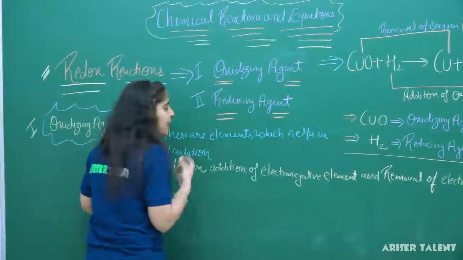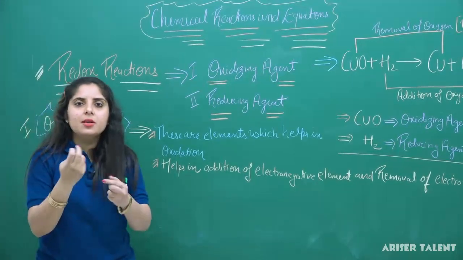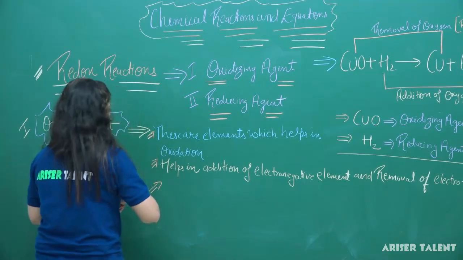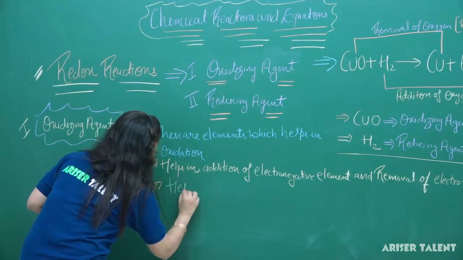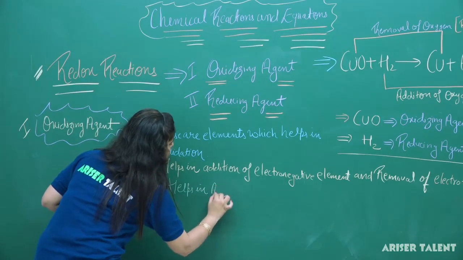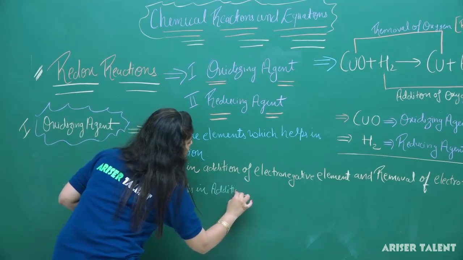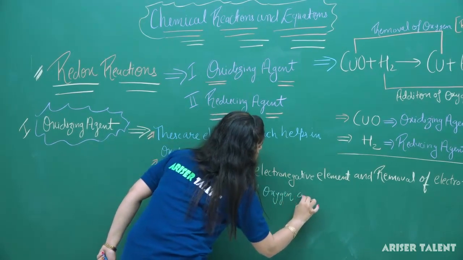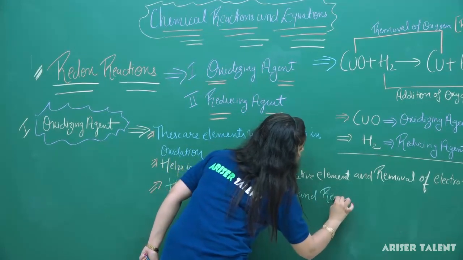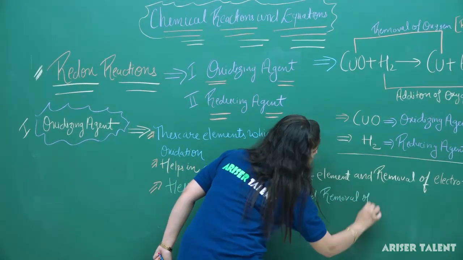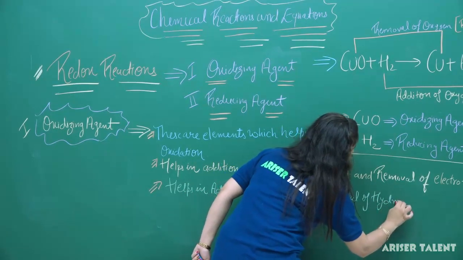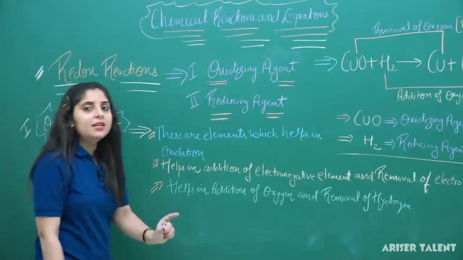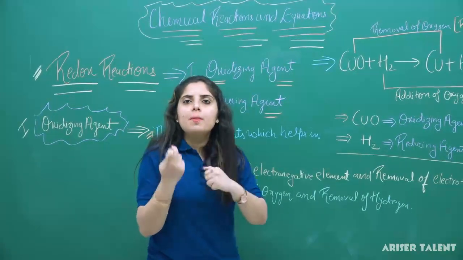And the last one is it helps in the addition of oxygen and helps in the removal of hydrogen. So our third point will be helps in addition of oxygen and removal of hydrogen. It means the oxidizing agent will itself get reduced to accomplish the reaction.